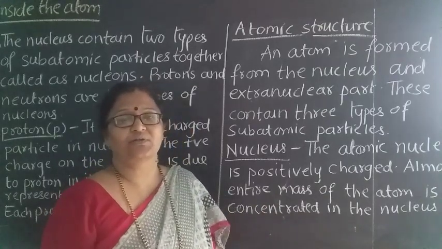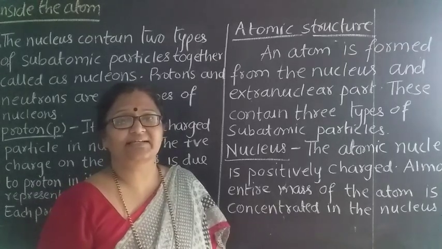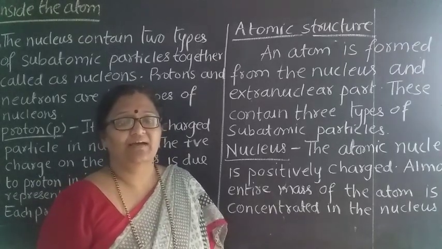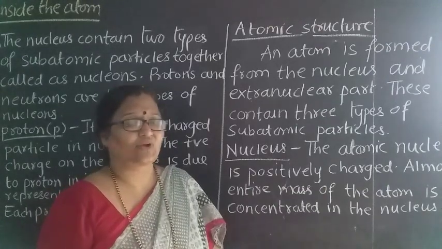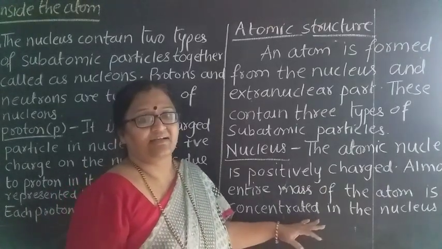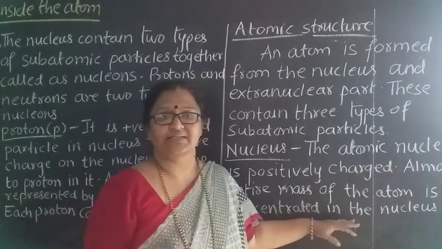So how do we know that? The mass is exactly concentrated at the middle of the atom. Therefore we say that the atom has an atomic mass, and it is totally concentrated in the nucleus.